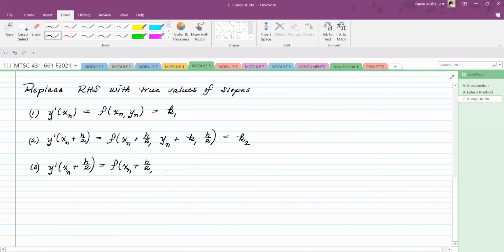And this one is yn plus, we've moved to a new point, h over 2, and I'm going to call that K3. And then the last one, which is y prime of xn plus h.